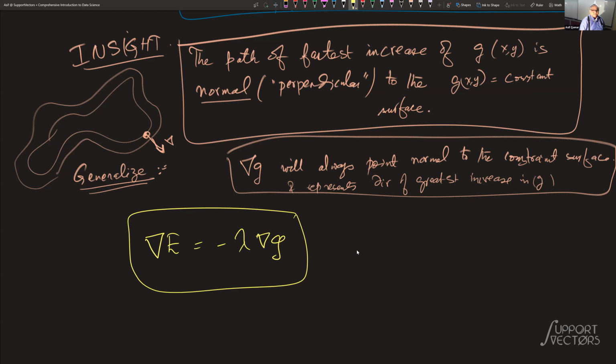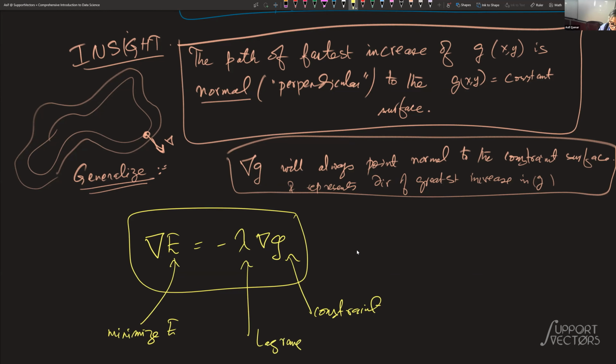When you have a constraint and you want to minimize E given this constraint, in other words, find a point at which E is as small as it can be, but it cannot violate the constraint. You cannot go out of the circle. This is called the Lagrange multiplier.